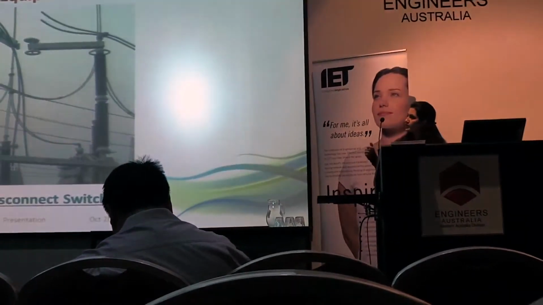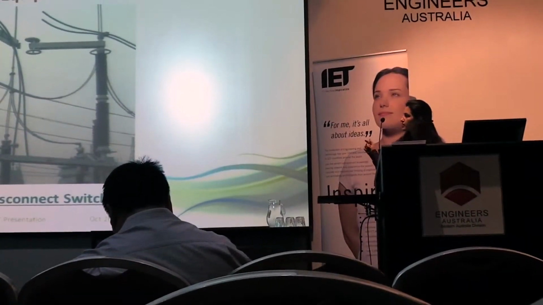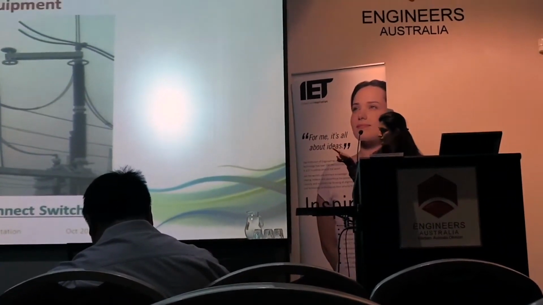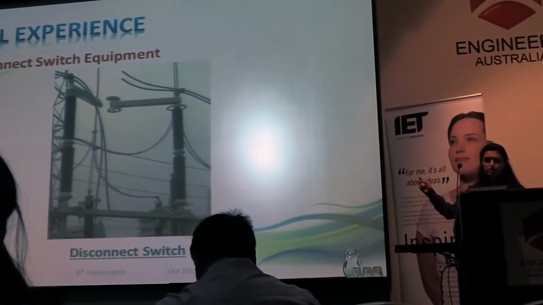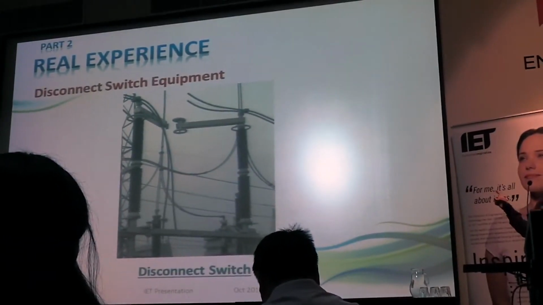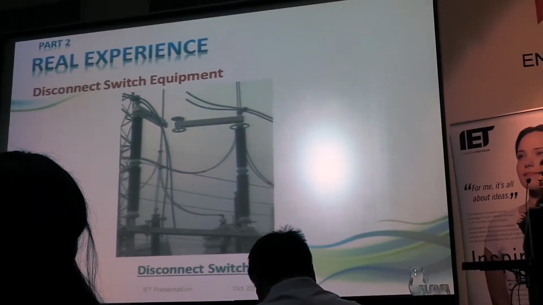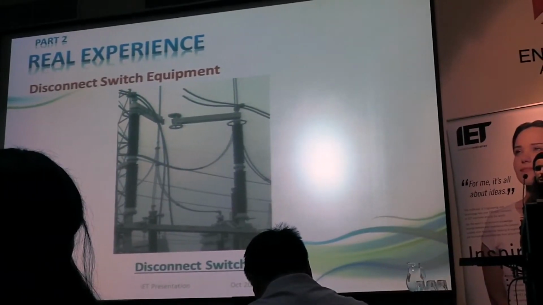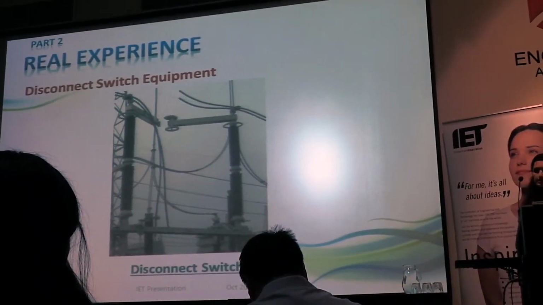One of the pieces of equipment that should be supported by structures is the disconnect switch. Because of the shape and application of this equipment, the analysis and design of the structure is a little bit complicated.